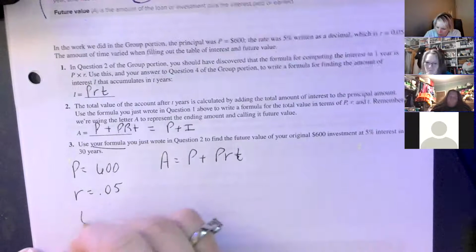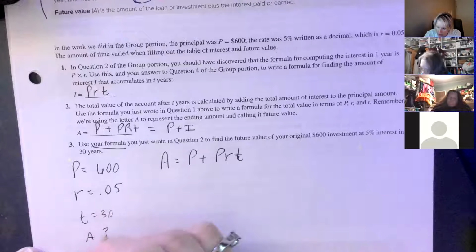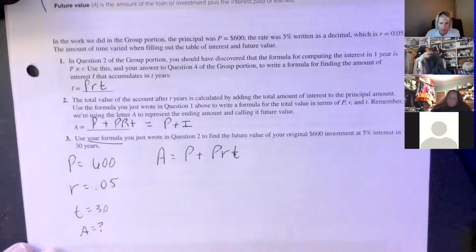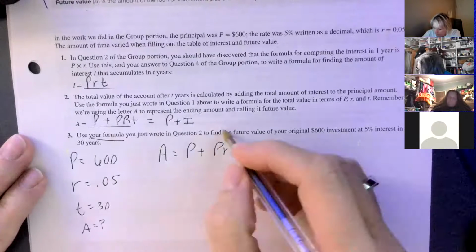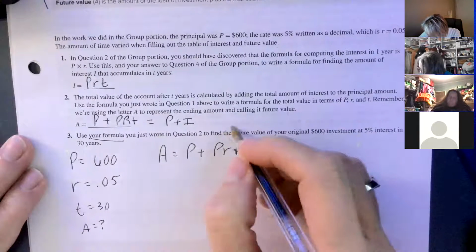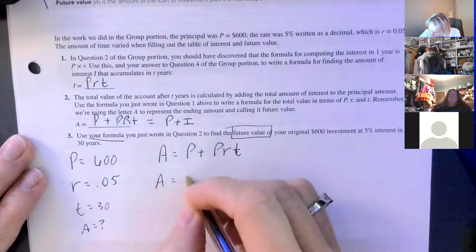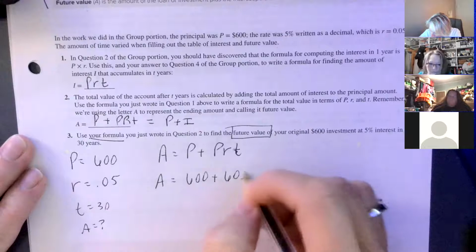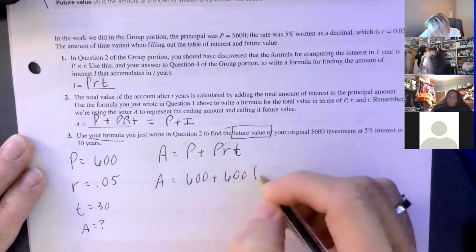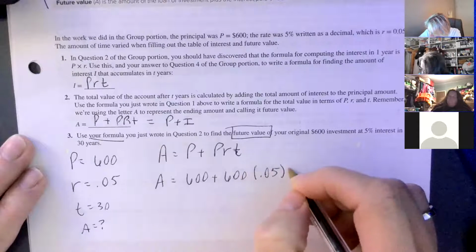And we know T is 30. So A is the mystery, right? A is the piece we don't know, to find the future value. So A is equal to 600 plus 600 times 0.05 times 30.